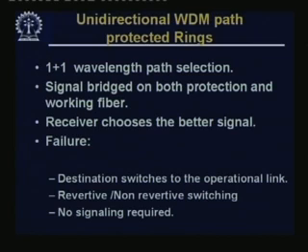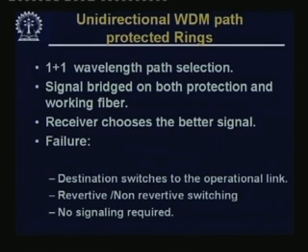And of course, on the optical layer you have one more dimension to play with, which is in the case of WDM, that means you have different wavelengths. So, instead of 1+1 link, you can talk about 1+1 wavelength path selection. So, you can try to select two independent light paths, and the signal is sent on both protection and working fiber.